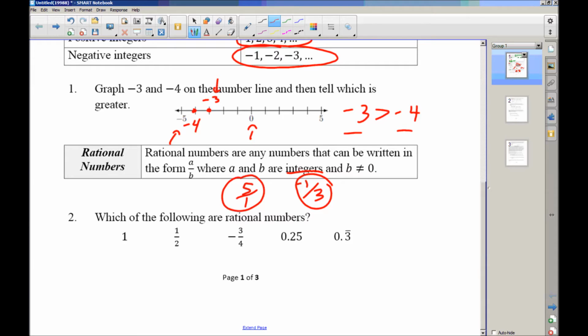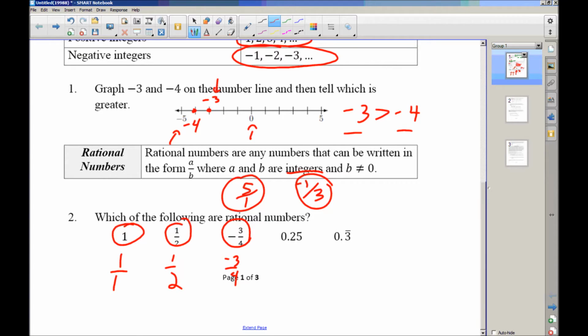All right, so which of the following are rational numbers? So let's see if we can write them in such a form of a over b where a and b are integers. So 1 over 1, he's a rational number. This is 1 over 2. He's already got an integer on the top and an integer on the bottom, so he's a rational number. This one is -3 on the top and 4 on the bottom, or 3 on the top and -4 on the bottom. It doesn't matter.